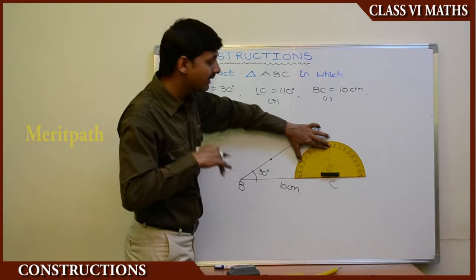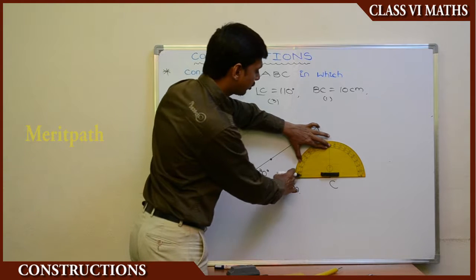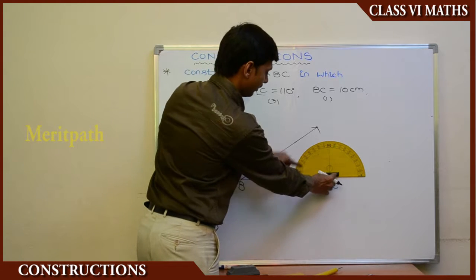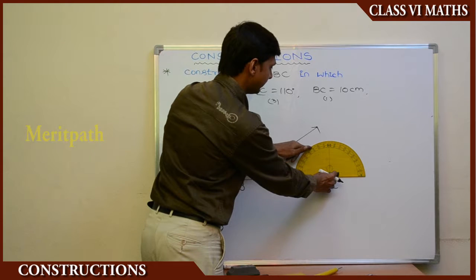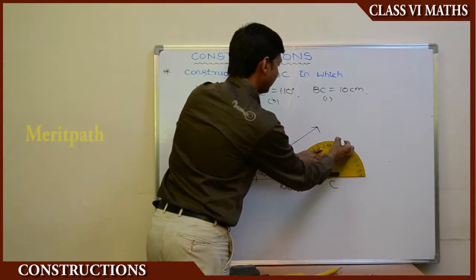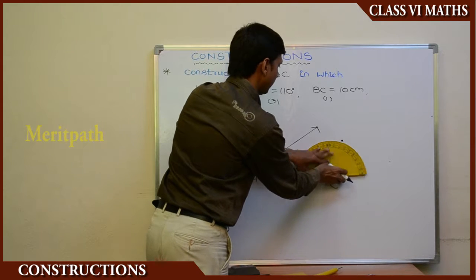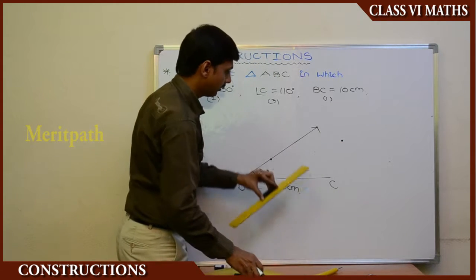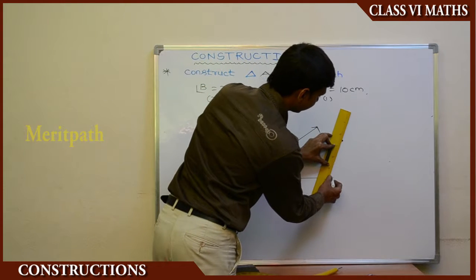The line segment is on the left-hand side of the protractor, so we need to count from this side. So 0, 10, 20, 30, 40, 50, 60, 70, 80, 90, 100 and 110. This is the point. So let's take this out and join with the vertex C.